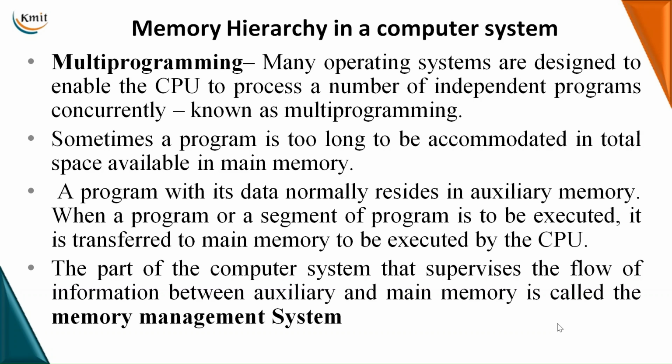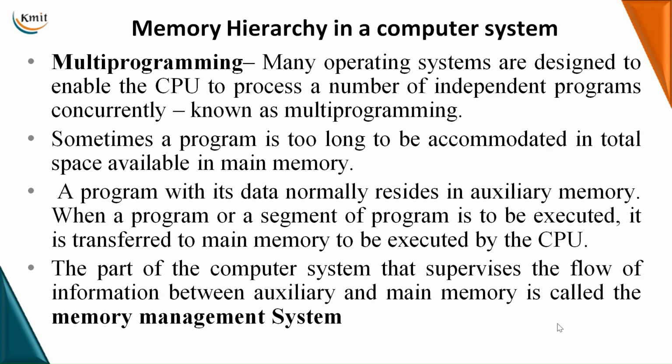Say for example, there are 5 programs executed concurrently by the CPU at the same point of time. In that situation, all the 5 programs required by the CPU have to be present in the main memory. But if one of the programs is too long, it cannot be accommodated in the available main memory space. In that case, a program with its data normally resides in your auxiliary memory or hard disk.